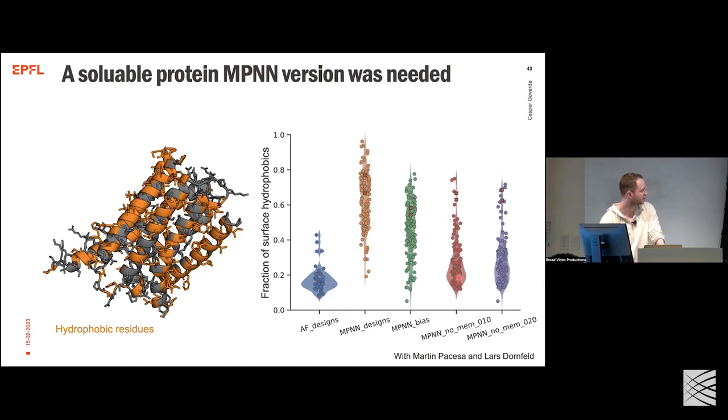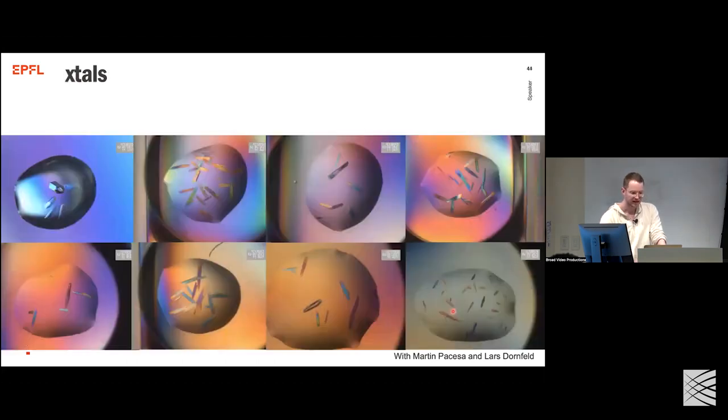And as you can see, now our distribution shifts even more towards globular proteins. So we picked some of the most promising designs and started seeding them as crystals. And again, I think I'm one of the luckiest PhD students, because within 2 days, I had crystals.